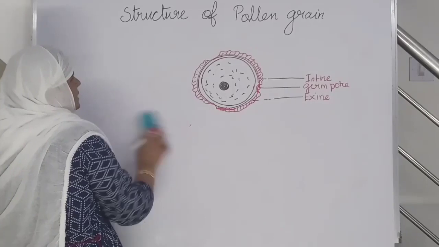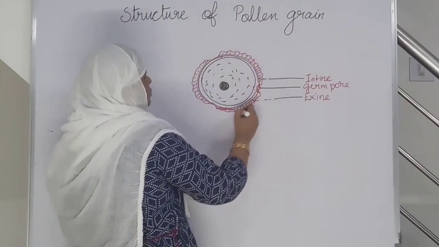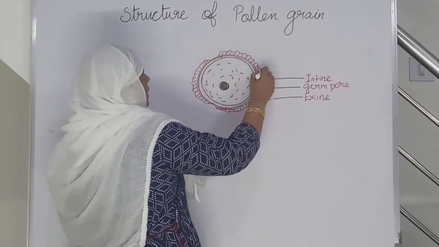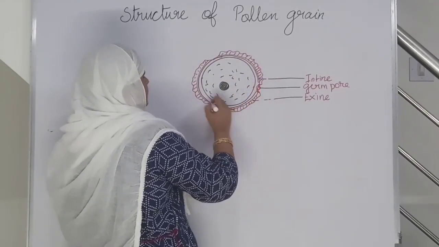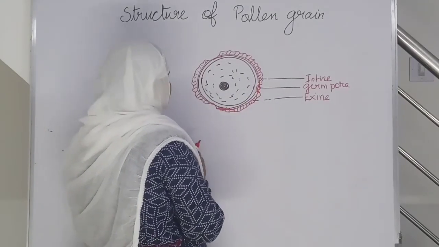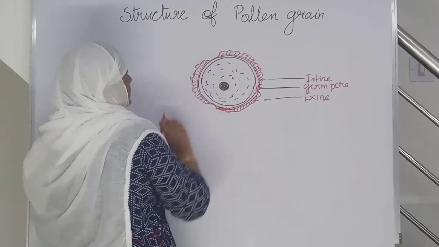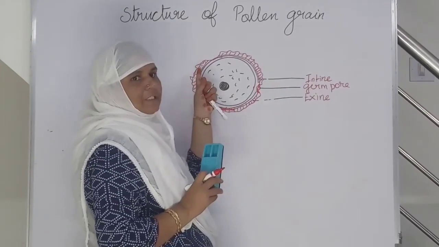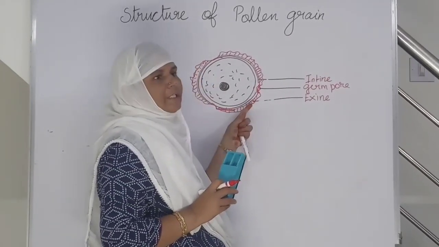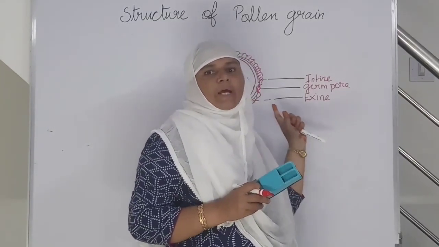The exine is sometimes smooth, or it may be irregular in shape, as I told you already, and it is sculptured. This sculpture nature of the pollen grain helps in the identification and the classification of the plants.